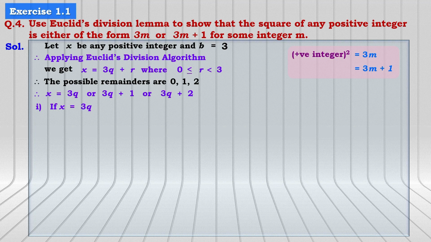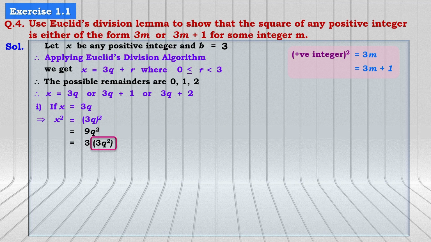So now if we take x equal to 3q, then we need to square the value of x, that is x squared. So x square is equal to 3q whole square, that is equal to 3 squared... my mistake, that will be 3q whole square is equal to 9q square. So 9q square we can represent in the form of 3 into 3q square, right?